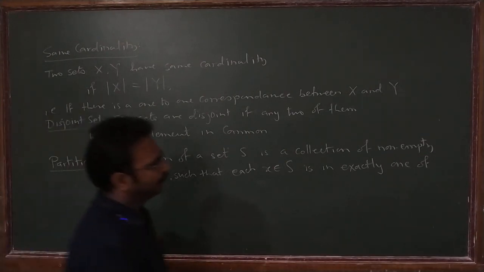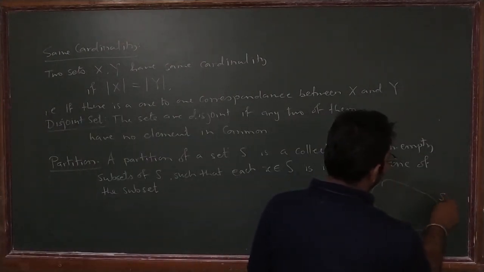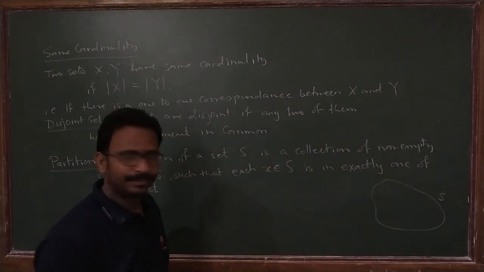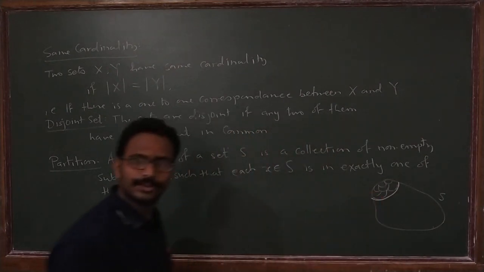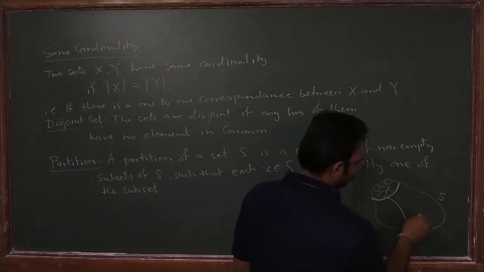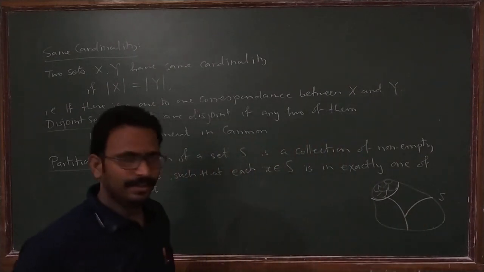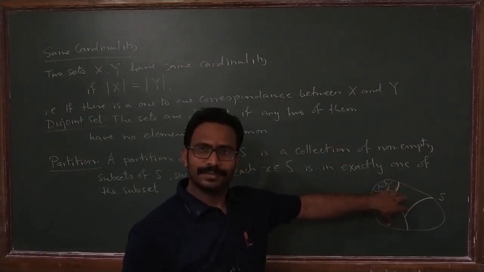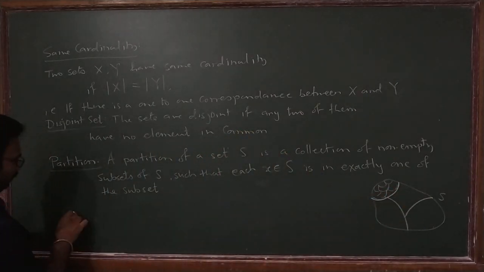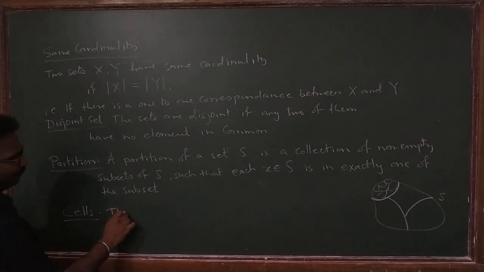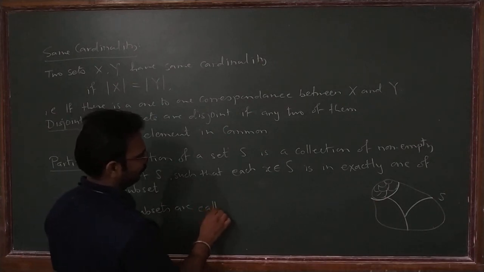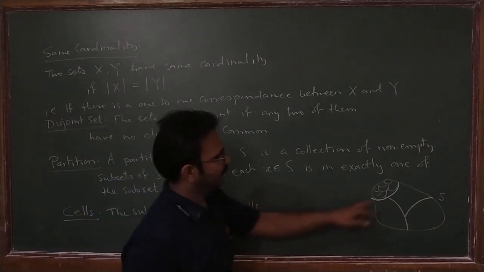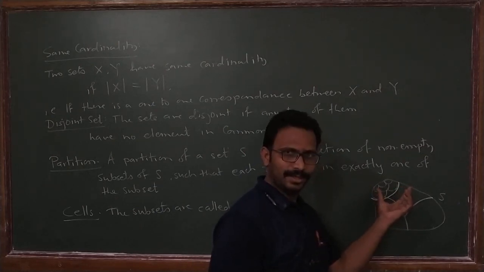Okay? So if this is the set S, it is a collection of subsets of S. So what I'll get is this kind of partition of S. Each partition is a collection of subsets of S, and the subsets are called cells. This is one cell of the partition.